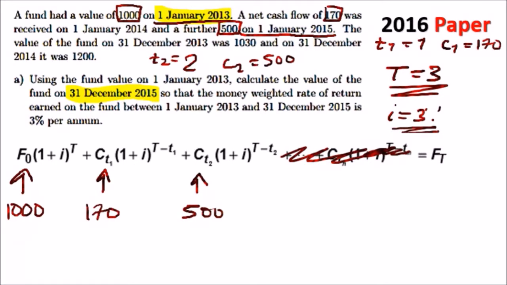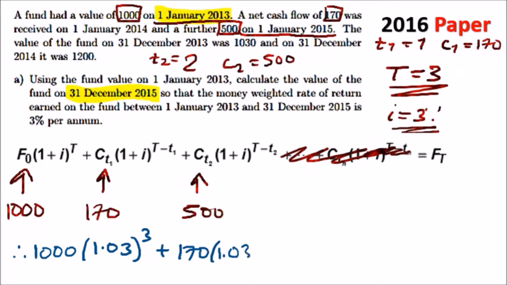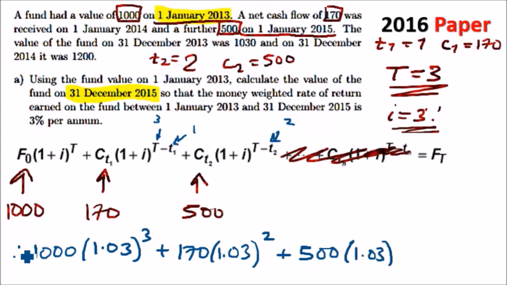So at this stage, you're just going to plug everything in. So what do we have? If we replace everything here, we're going to have 1000 times 1 plus i. So i is 3%, so it's literally 1.03 to the power of 3, plus the cash amounts. What is it? 170 times 1.03 to the power of 3 take away 1, so power 2, plus the next cash amount 500 times 1.03 to the power of capital T, so 3 take away small t, which is 2, so power 1, so just leave that.